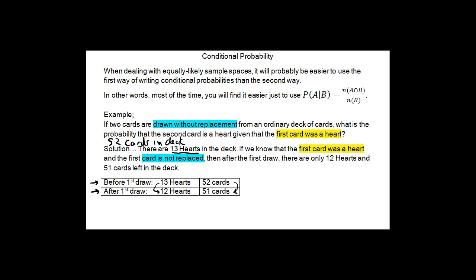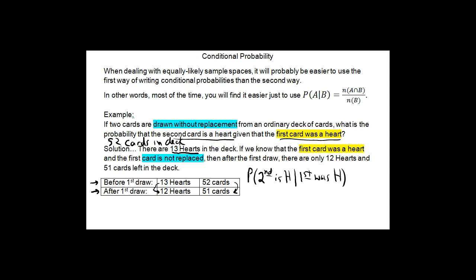So now that I know that, it should be a fairly easy matter to calculate that probability using the basic probability principle. What am I looking for? I'm looking for the probability that the second card is a heart, so I'll abbreviate that: second is heart, given that the first was a heart.